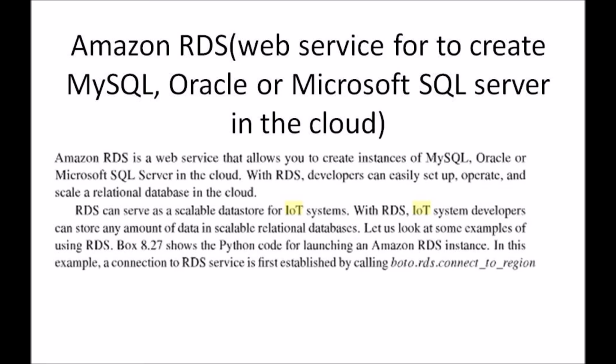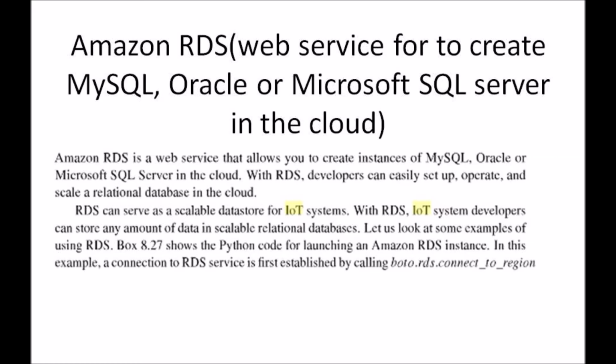This slide explains the next possibility, which is Amazon RDS. In case you want to create instances of MySQL, Oracle, or Microsoft SQL Server in the cloud, then you can opt for RDS. It is a relational data structure, so it takes care of most of the complexity and makes life very simple for developers.